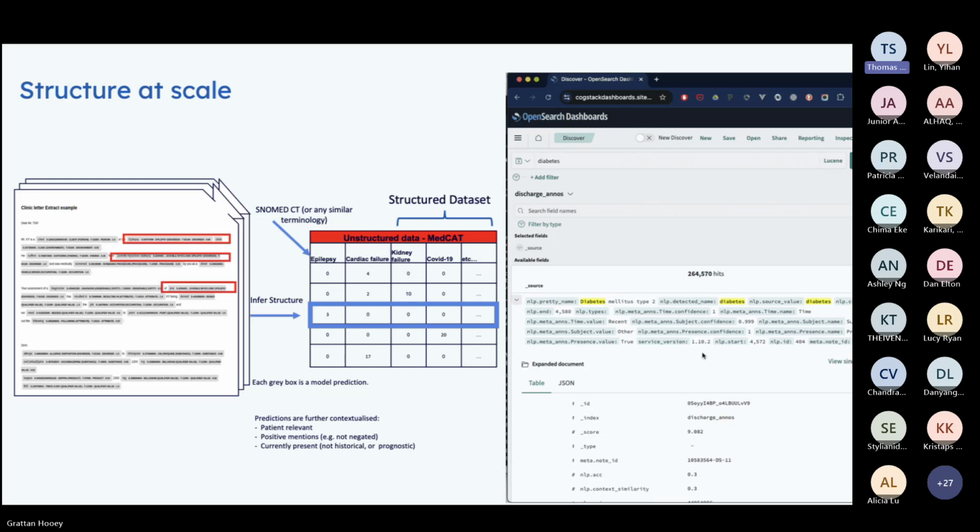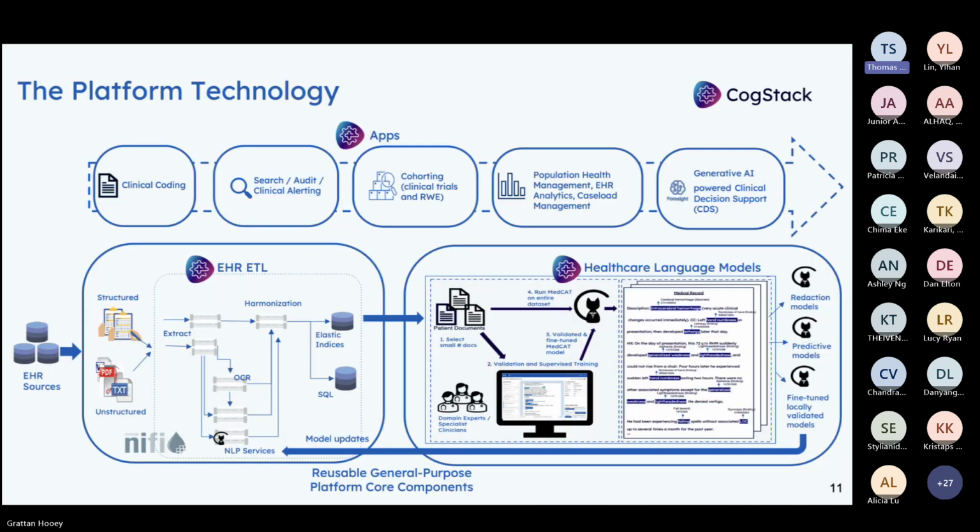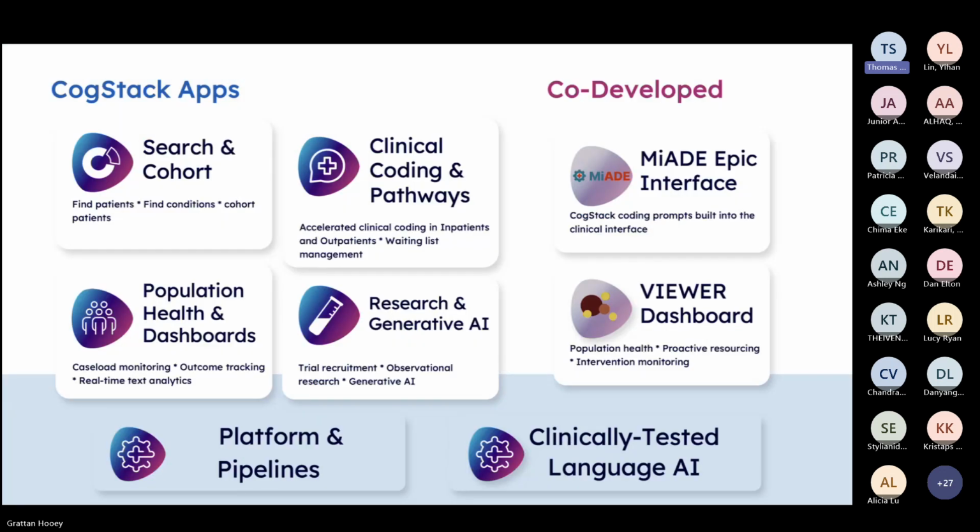So not that useful for actual use at hand, but let's not focus on that too much. The main thing to note is that these platforms, this blue bar at the bottom, are the platforms and pipelines that perform this extraction at scale, the loading at scale, and then the application of clinical language AI at scale.